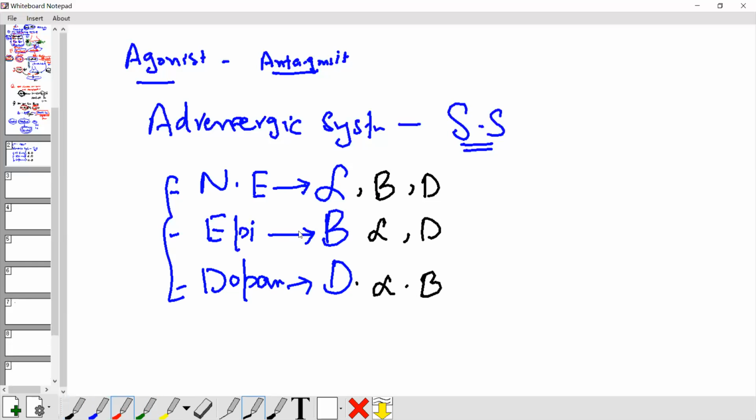You can see the preference. Understand? These neurotransmitters can attach to any receptor, but the preference matters.